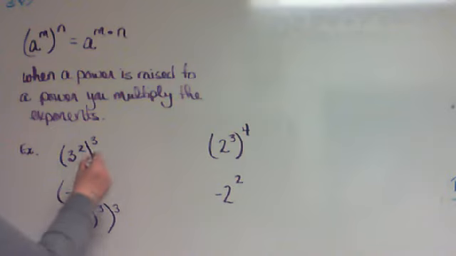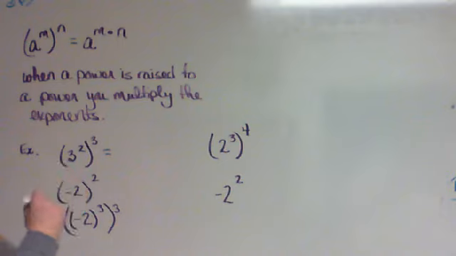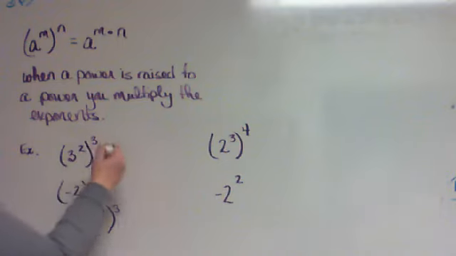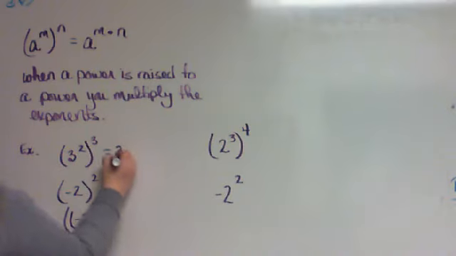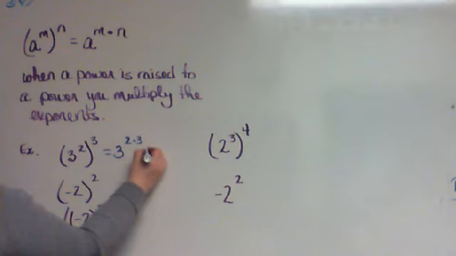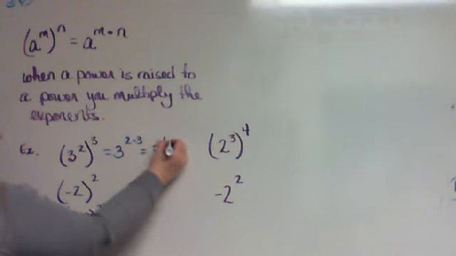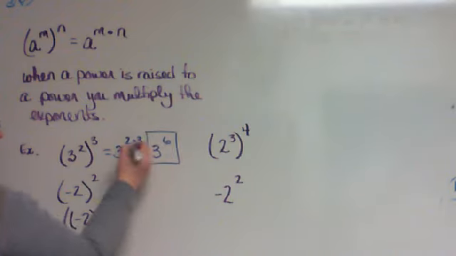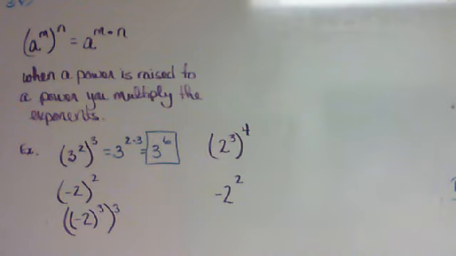Okay. Let's see how you did. So we said a power raised to a power means we multiply the exponents. So 3 to the 2 times 3 gives you 3 to the 6th. I don't care right now what 3 to the 6th is. I just care that you know how to multiply the 2 times the 3.